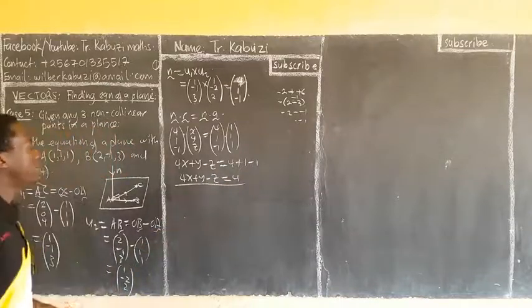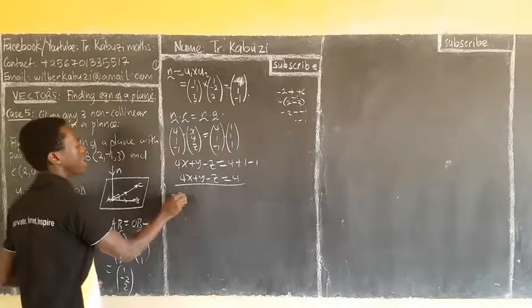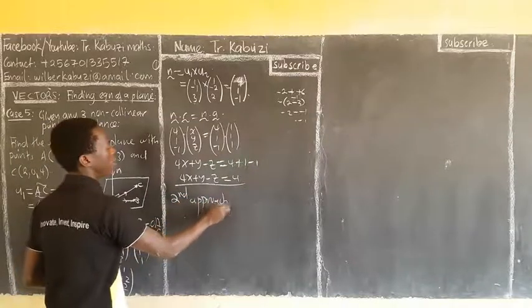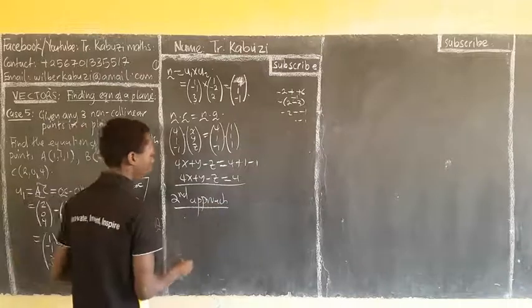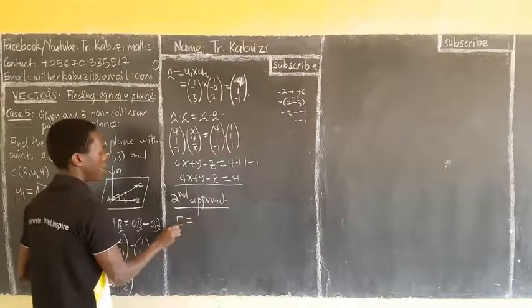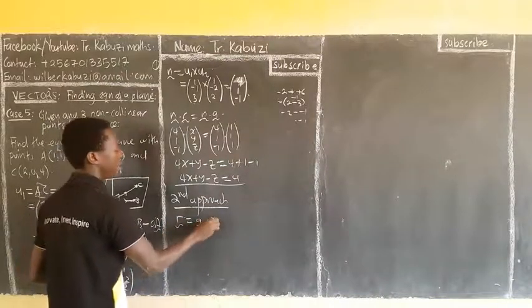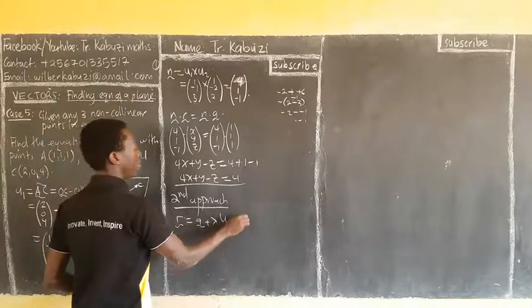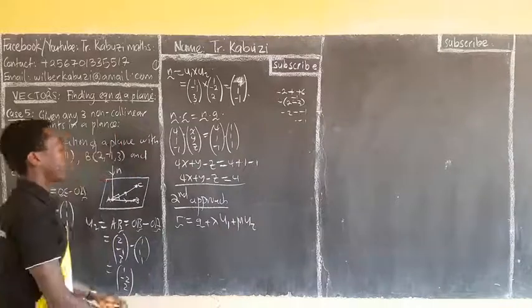The second alternative, or the second approach, is when we use the other one, r equaling a point in a plane plus lambda, mu of the vectors.